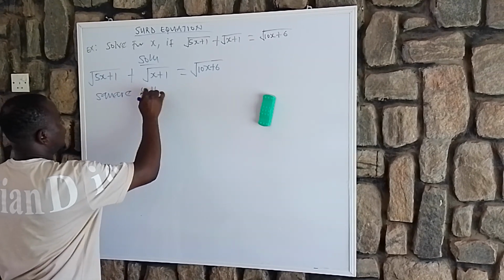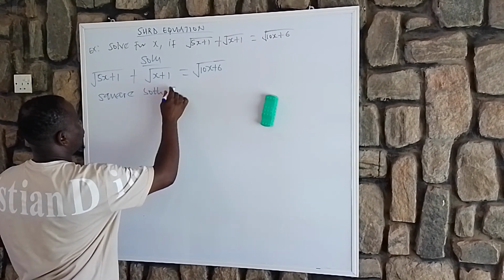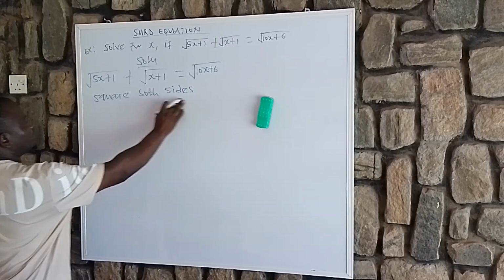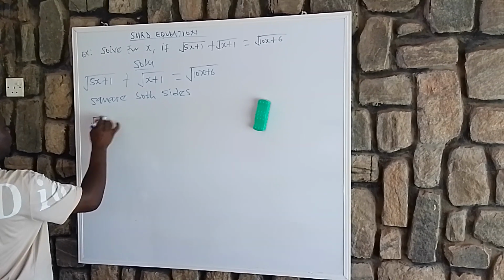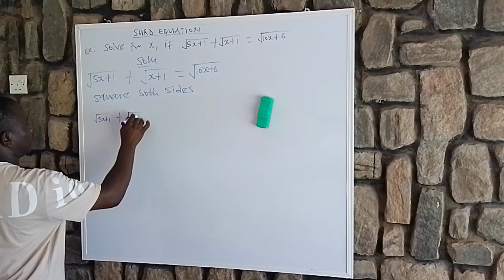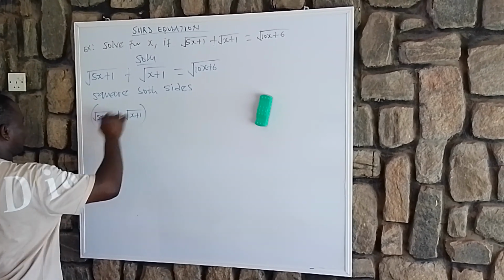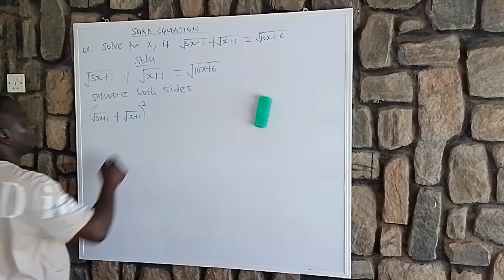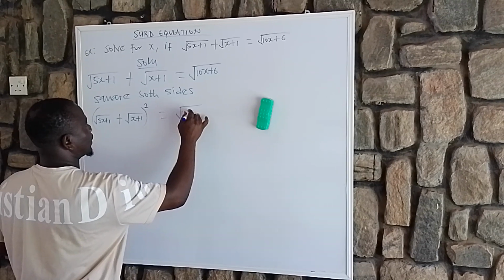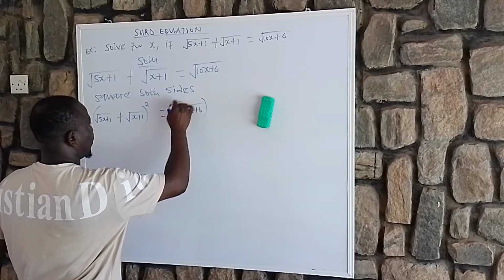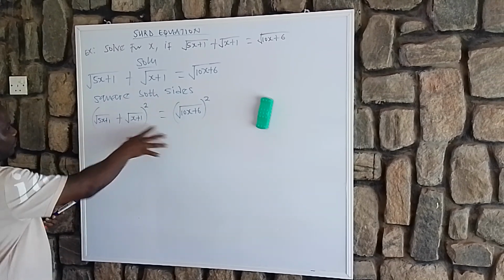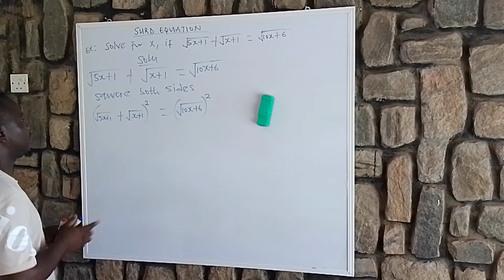If you square both sides, this statement means square root of 5x plus 1 plus square root of x plus 1, all in bracket raised to power 2, equals square root of 10x plus 6, all in bracket raised to power 2. This is the meaning of this statement. Is that clear? So please take note.